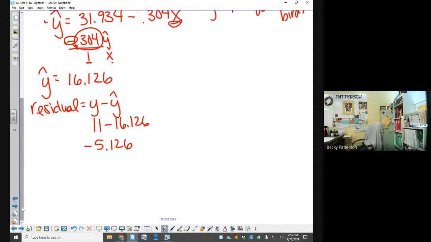What is the residual? The difference between who and who? The observed and the predicted. Okay, 52, why do I keep doing that? If 52% of the birds return.